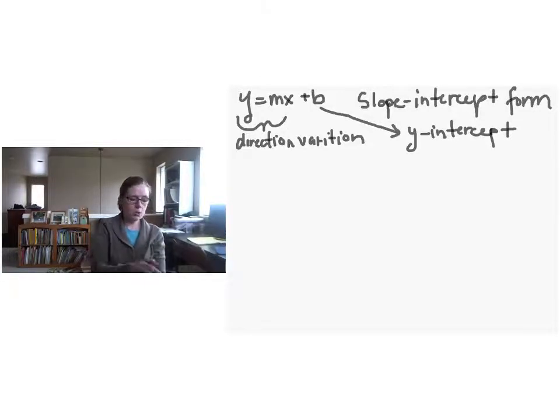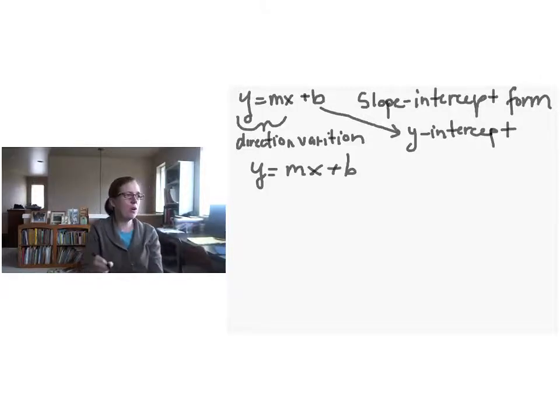Okay, so what example 1 says is write an equation in slope-intercept form of the line with a slope of 3 and a y-intercept of -5. So if we have our equation y equals mx plus b, this is an equation you're going to want to just commit to memory.